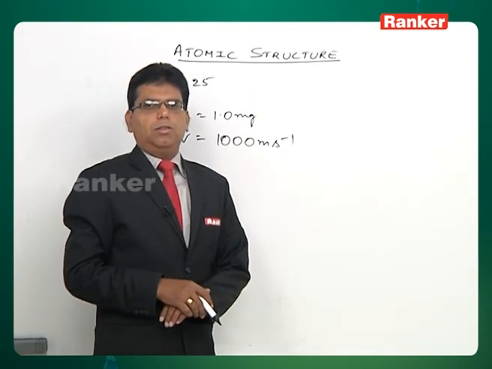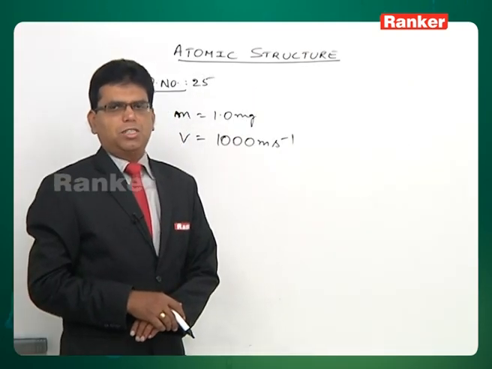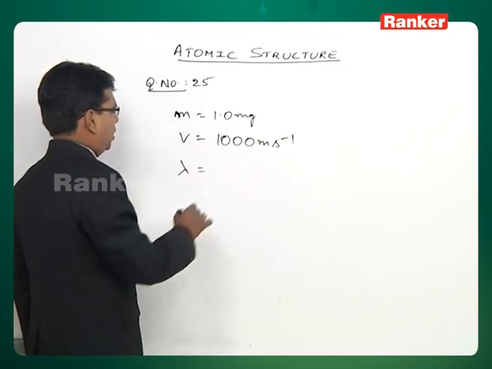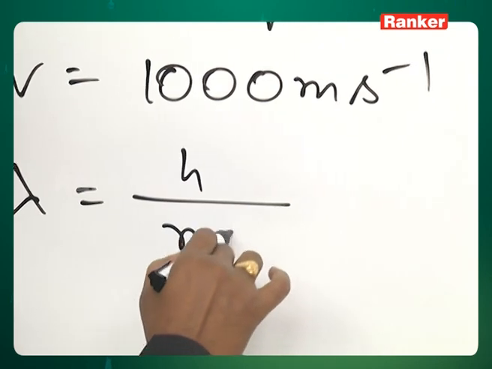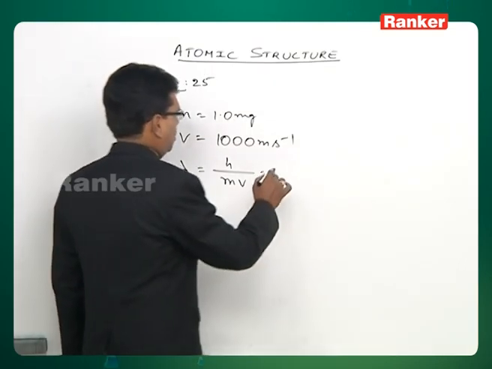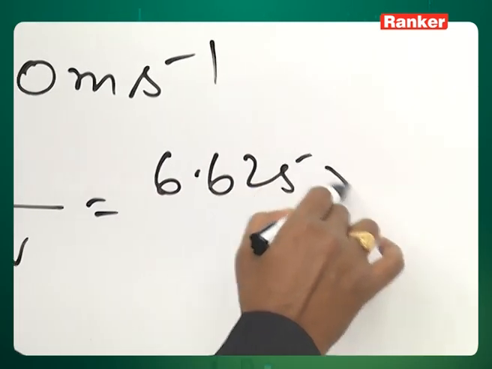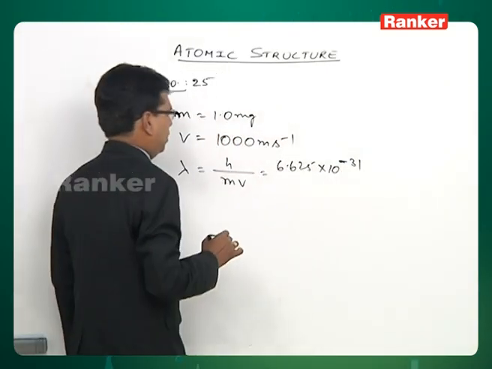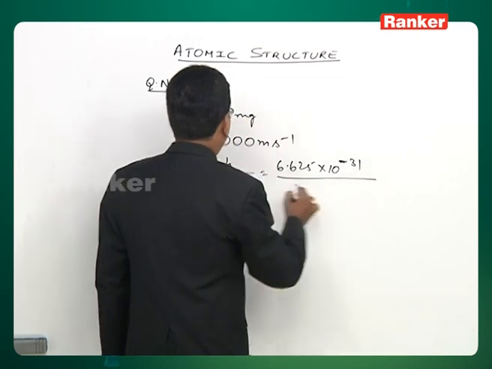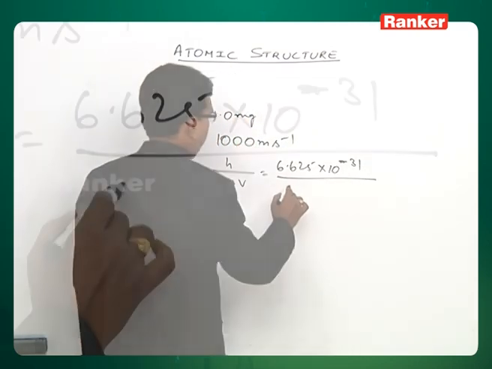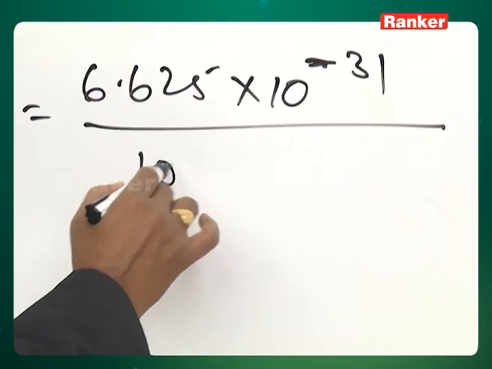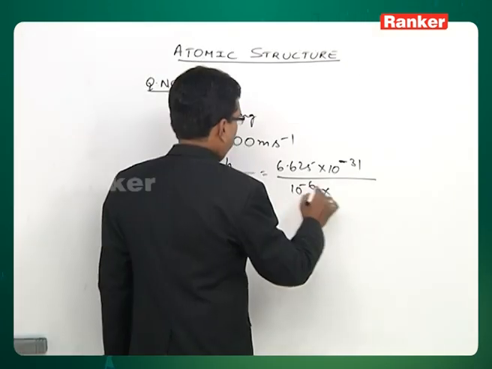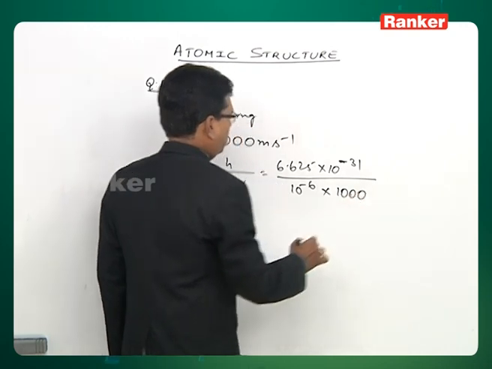The wavelength of the de Broglie wave associated with it is, according to de Broglie's theory, lambda is equal to h by mv, where h is Planck's constant, 6.625 into 10 power minus 34 kg meter square per second. The mass is 1 milligram, which in kg is 10 power minus 6 kg, and the velocity is 1000 meters per second.